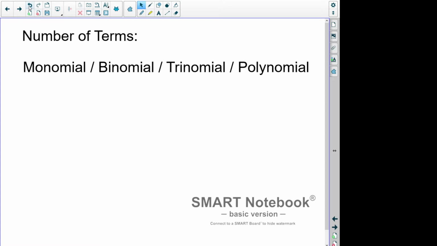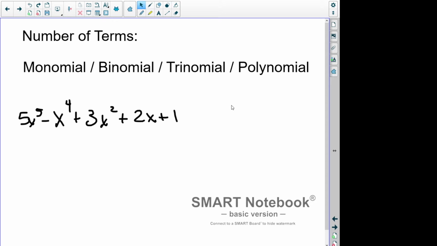So if I look at this right here, I have 1, 2, 3, 4, 5 terms in that. Right? I can't combine any of these terms. There's no like terms in here. So I've got 5 monomials in there. So we'd call that a polynomial with 5 terms.